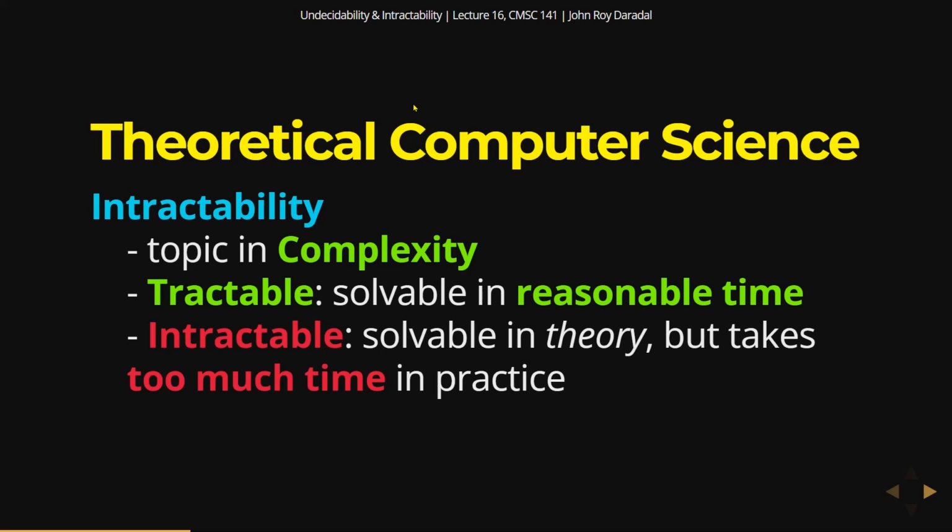Intractable problems are those that are solvable in theory but take too much time in practice. So we're already assuming that the problem is solvable, but is it solvable in a reasonable amount of time? That is the focus of intractability.